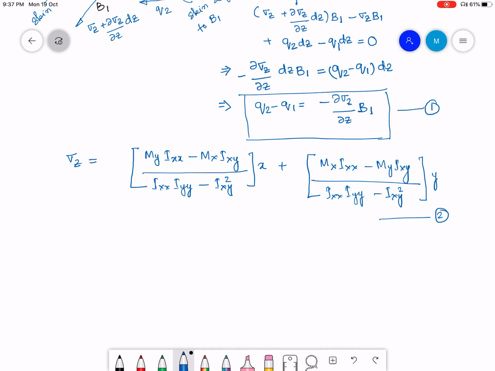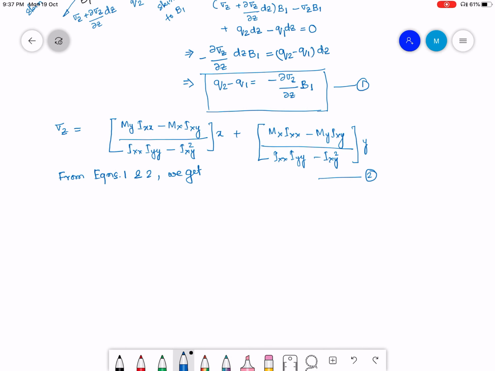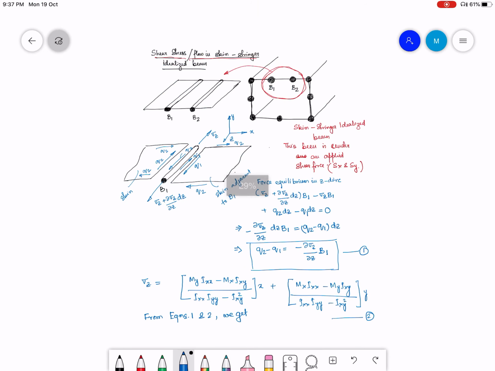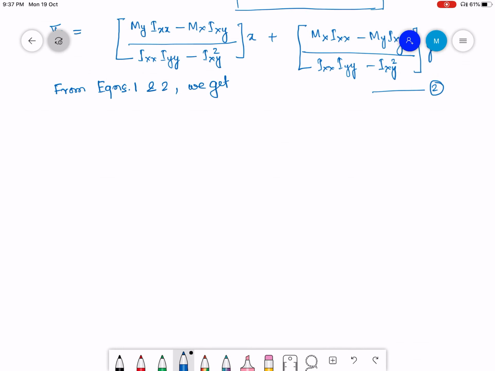So from equation 1 and equation 2, what do we get? We get Q2 minus Q1 is minus del sigma z by del z into b1. So that in turn is going to be minus the derivative of the expression for sigma z, multiplied by b1.